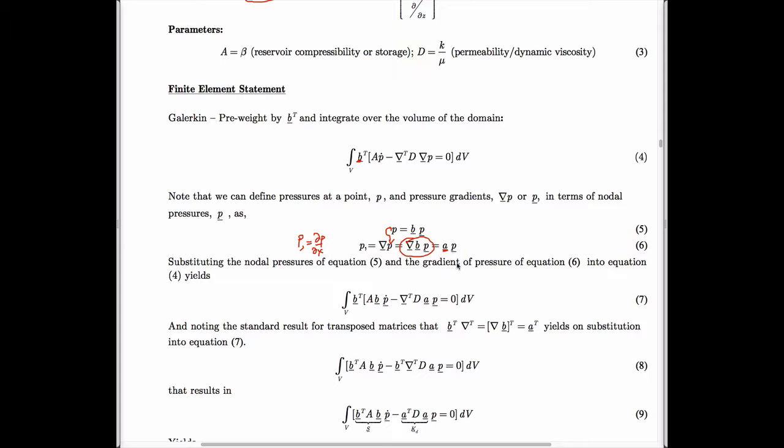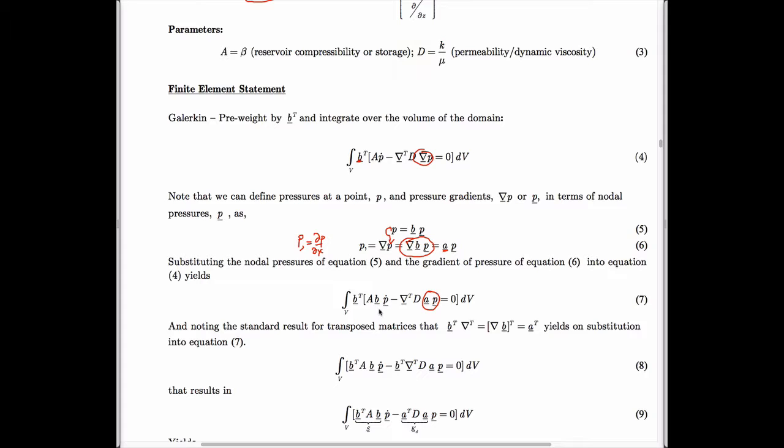And so that's that. And so now, what are we going to do? We take this expression here, we substitute in for the derivatives of pressure, which we have here. So that's this term here. This term is this. Yeah, that's it.